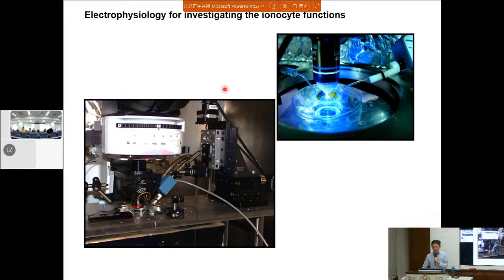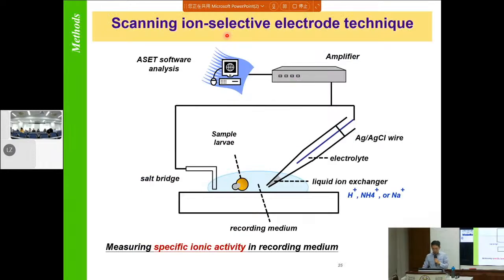So we apply electrophysiology to investigate the ionocyte function. The principle is like this. We use a very tiny glass pipette as a probe, then move it very close to the embryo and away from the embryo. Then we calculate the ion concentration difference in this microenvironment.